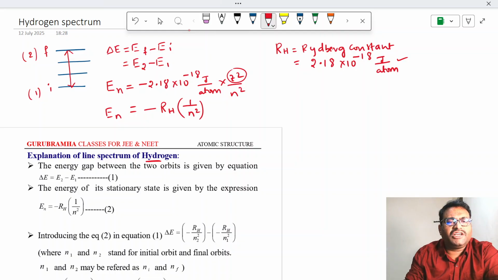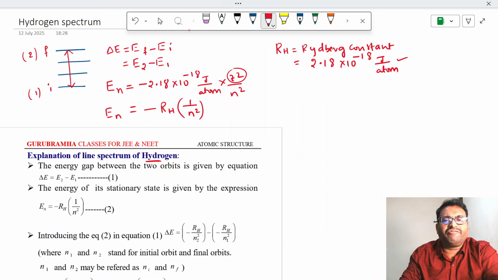So this is the amount of energy possessed by an electron in a particular energy state in an atom. Okay.